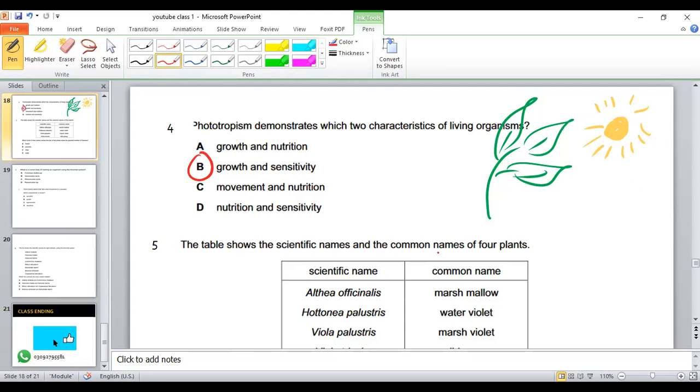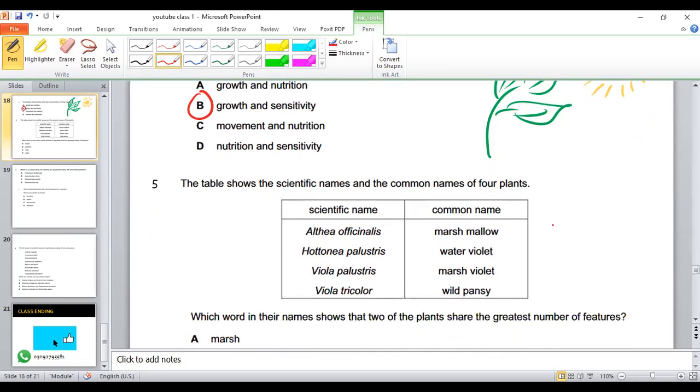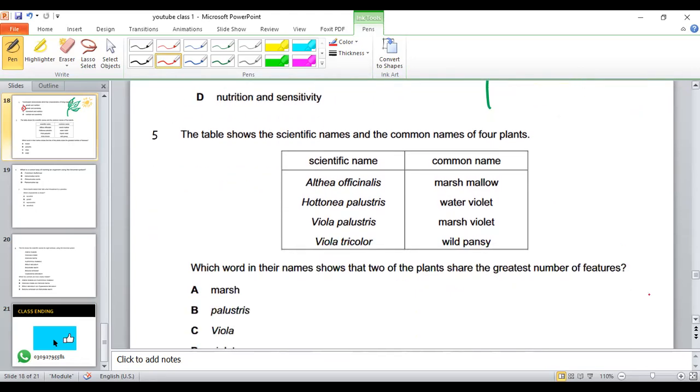Now the table shows the scientific name and the common name of 4 plants. This is the scientific name, this is the common name. Which word in their name shows that two of the plants share the greatest number of features? So observe, this is Althaea officinalis, Hortonia palustris, Viola palustris, Viola tricolor.